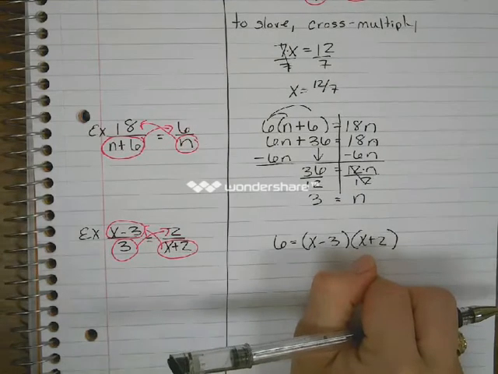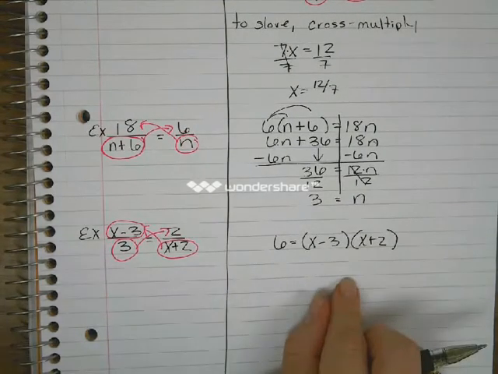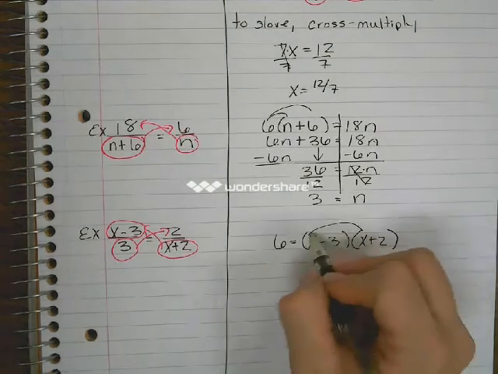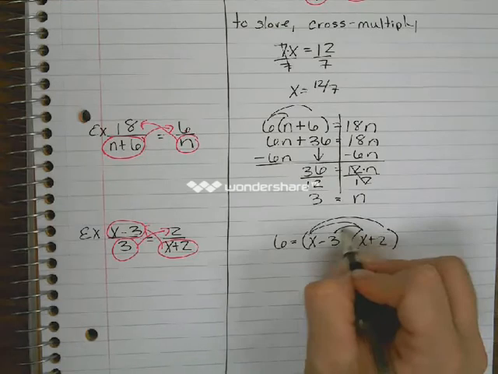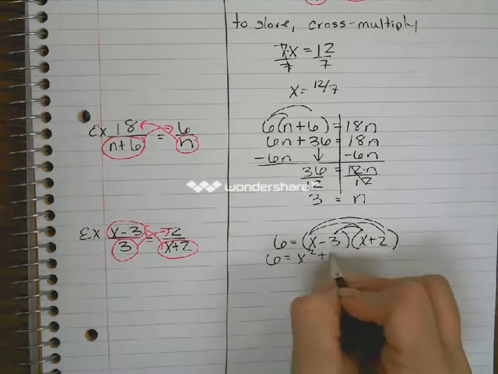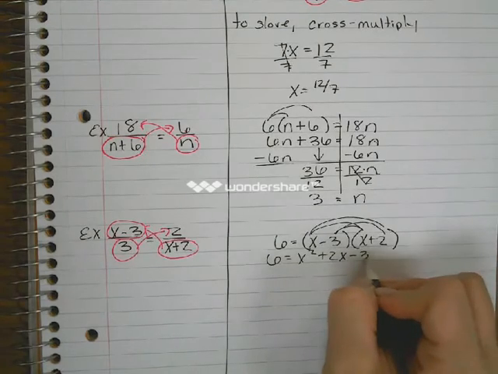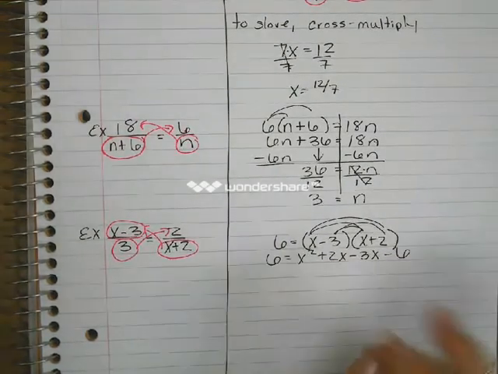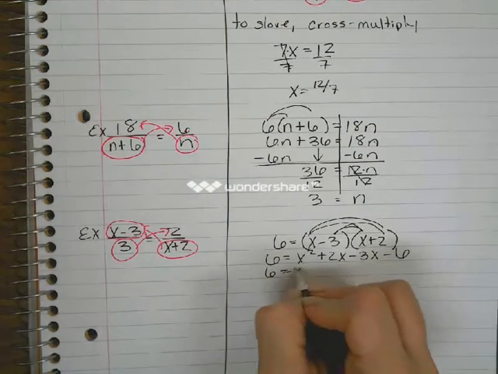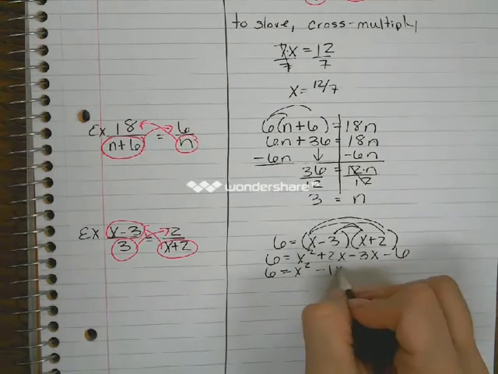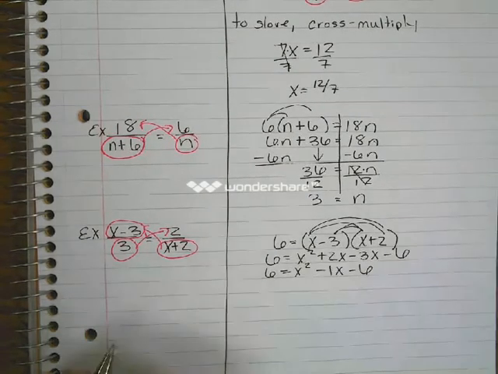First you have to FOIL. I don't know if they still call it foiling in the algebra department or not. Then you combine the middle terms. Then you have to get rid of the 6.